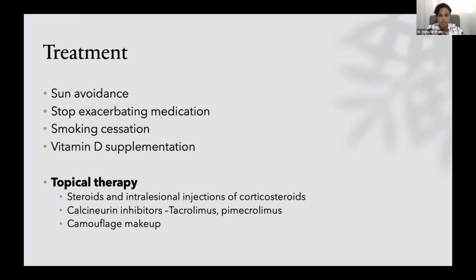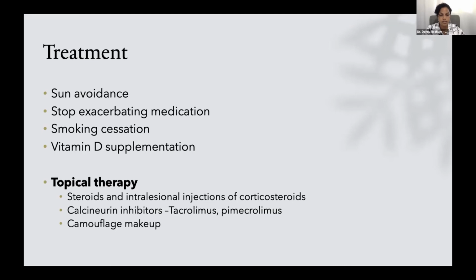Intralesional injections of corticosteroids may be used, especially for hypertrophic discoid lupus erythematosus, as well as when you have discoid lupus to the scalp. Remember, we said that it's a scarring alopecia, and we have to be very, very aggressive to try to settle down the inflammation quickly so as to prevent more scarring from occurring.